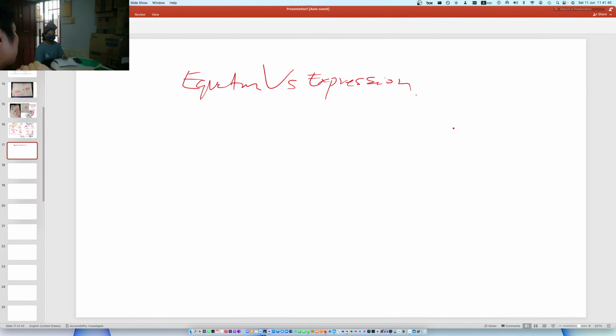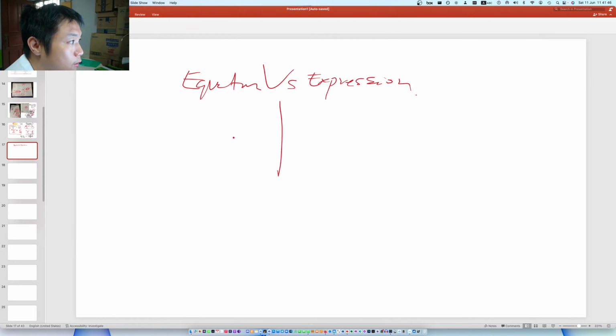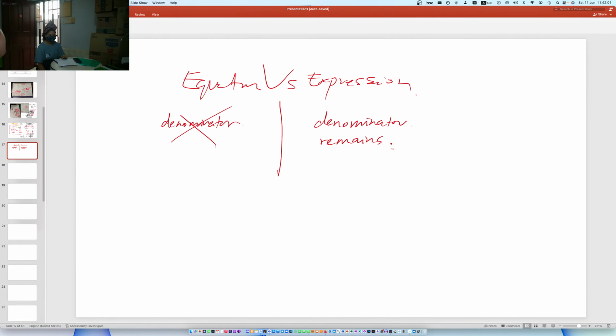This mistake, equation versus expression: denominator can be deleted for this one, denominator remains. This is the mistake you keep making.